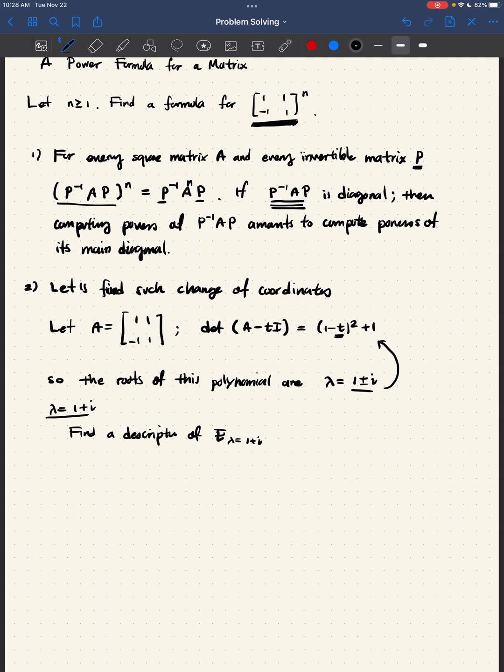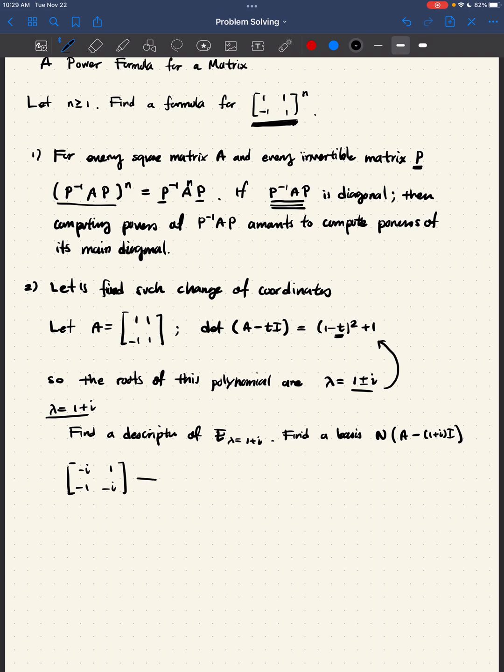To do that, we'll start like this. Let's find a basis for the null space associated with A minus (1 plus i) times the identity. Well, such a matrix is the following: negative i, 1, negative 1, negative i.